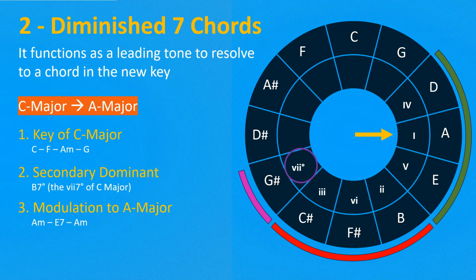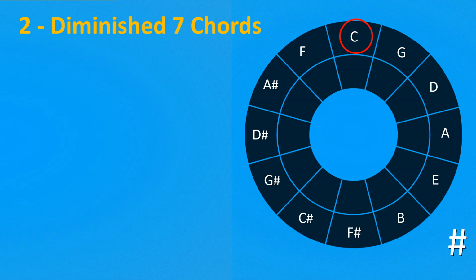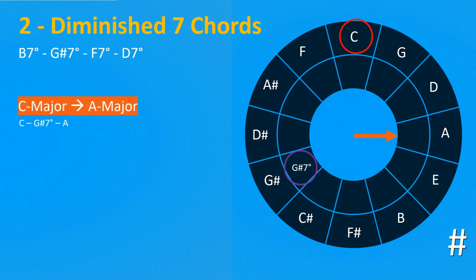So, let's summarize which keys we can get with the 7 diminished chord. In a C major scale, the 7th is a B7 diminished. The chord has the same notes and the same sound as G sharp 7 diminished, F7 diminished, D7 diminished. We have just seen that we can get the A major or minor key using G sharp 7 diminished as a pivot chord.